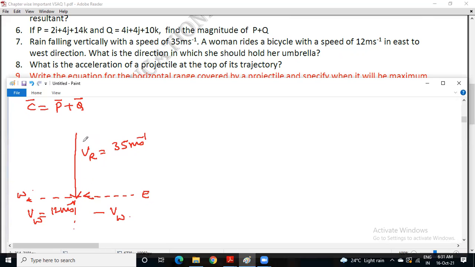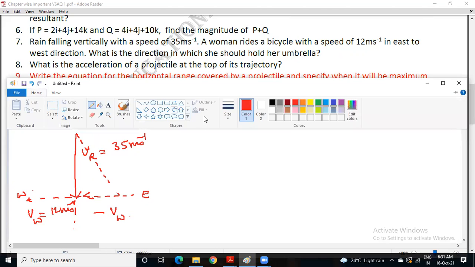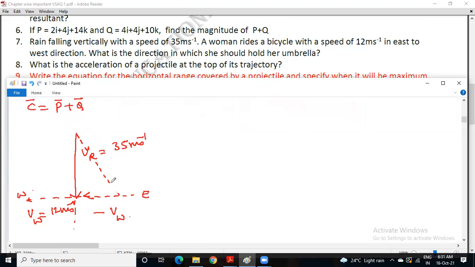Now, therefore, she will get the resultant velocity of the rain with respect to man in this direction, in the opposite direction to her motion.